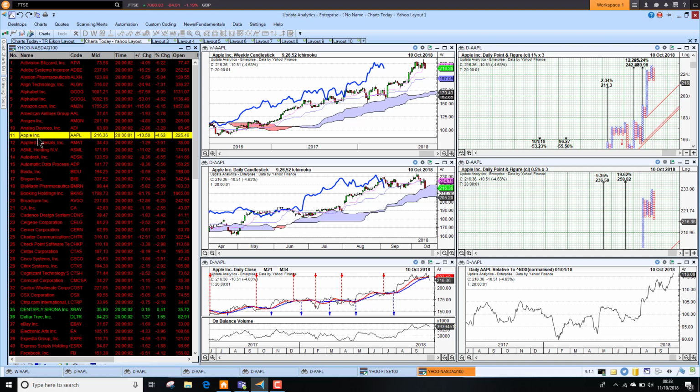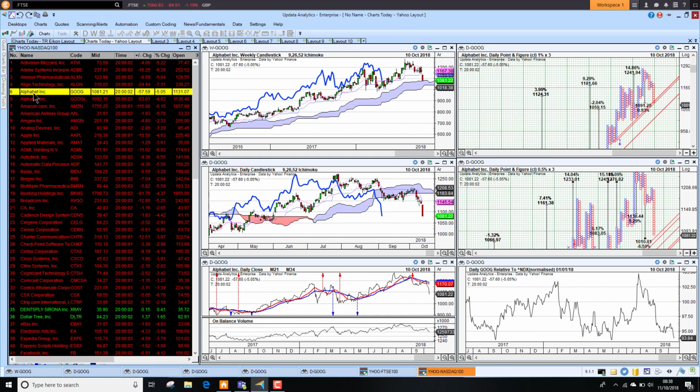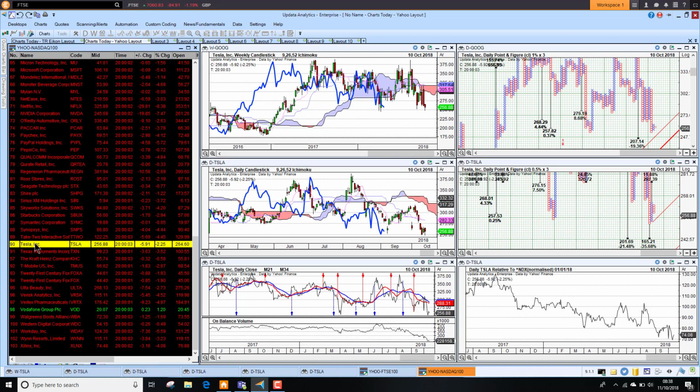Taking a look at the shorter term charts, taking a look at Google, for example, Google actually has been a stock we have been quite worried about, and here we see medium term we have turned bearish. It's underperformed the Nasdaq by 7% this year, so Google is not looking so good. Some of the other stocks to watch were Tesla. It actually didn't fall so heavily yesterday.